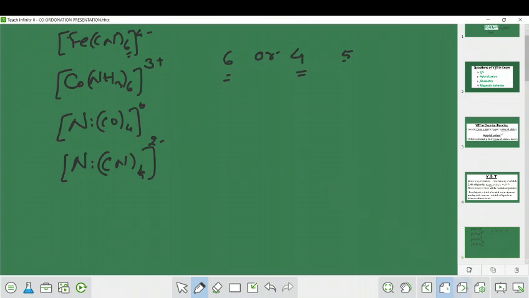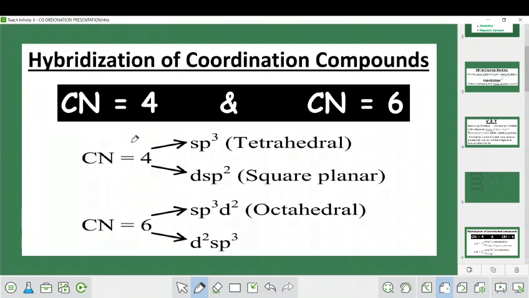So if the coordination number is 4, what will be the geometry of the complex? If the coordination number is 4, it means it has 4 hybridized orbitals, and 4 hybridized orbitals are formed in sp3 hybridization or in dsp2 hybridization.